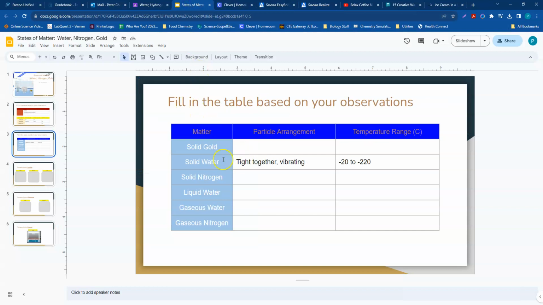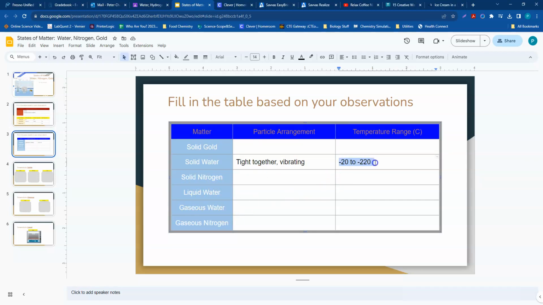So we'll go back here, solid water, which is ice, and we're talking about particle arrangement. When we're talking about solids, we're talking about tight together and vibrating. For solids, liquid's going to be different, gas is going to be different. So here's the range that we found for solid water, otherwise known as ice, negative 20 to negative 220.